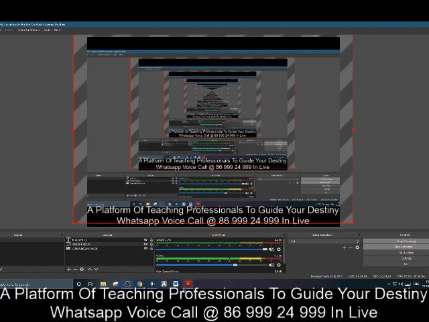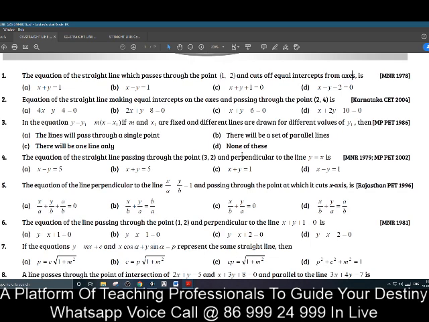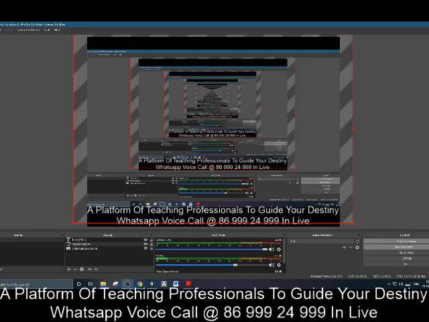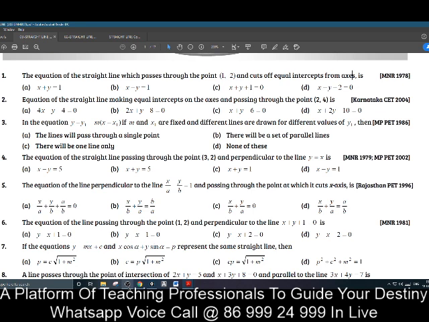You please tell me whether this document what I am going to open is clear or not, please. Clear or not? Arun, respond. Whether the document is clear or not. Yes.